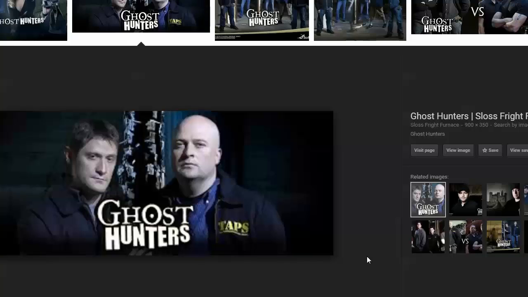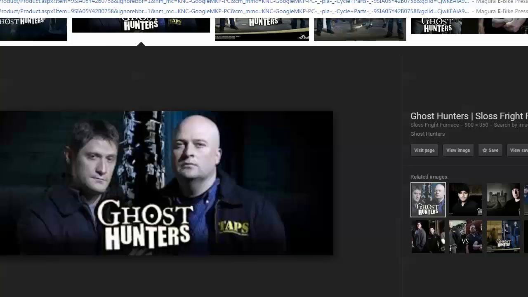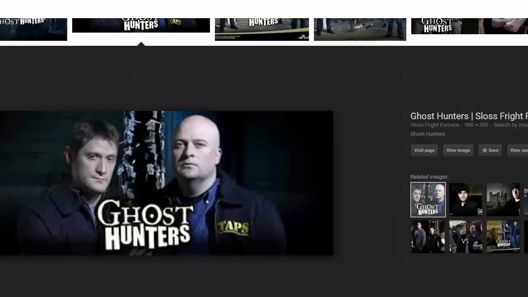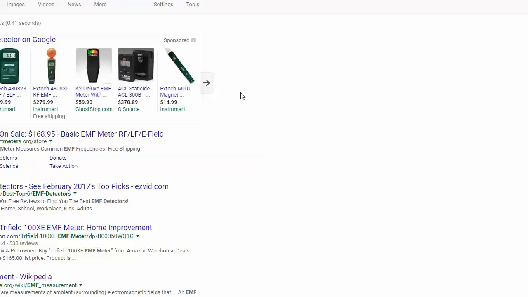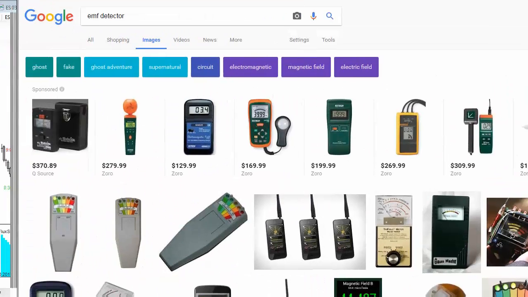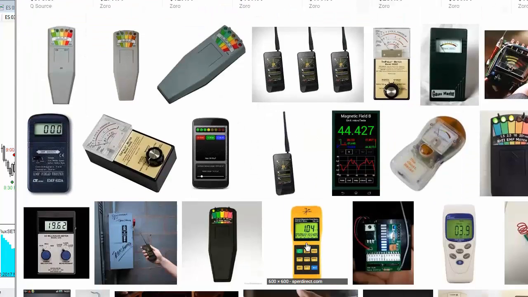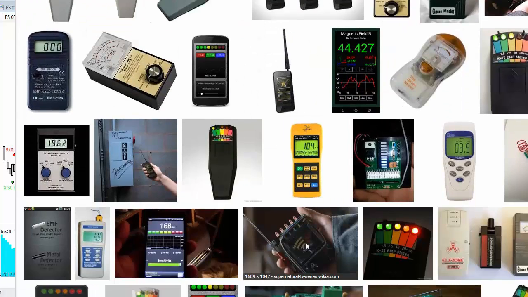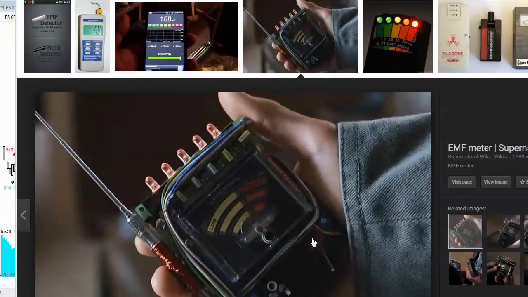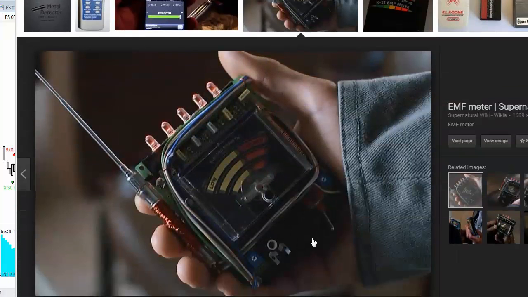And what does that have to do with trading? Well, they would use these devices called EMF detectors. The theory being that if a ghost was in the room, the electromagnetic field would change.